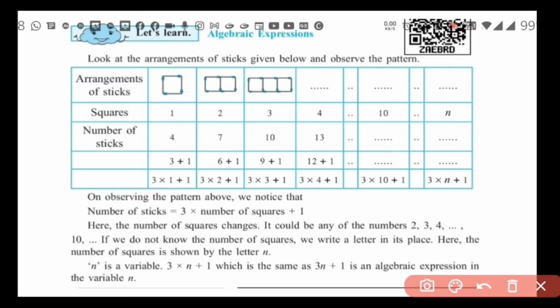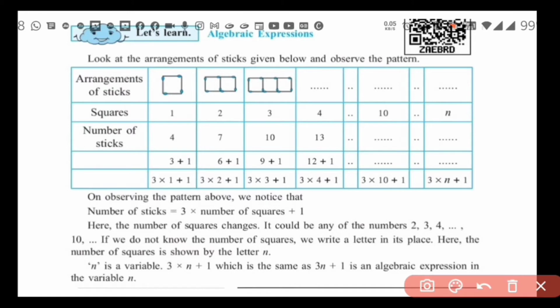So 3 multiplied by n plus 1 is the same as 3n plus 1. We don't put the multiplication sign many times, because between a number and a variable, when multiplication is there, we don't put the multiplication sign. So 3n plus 1 is an algebraic expression in variable n.